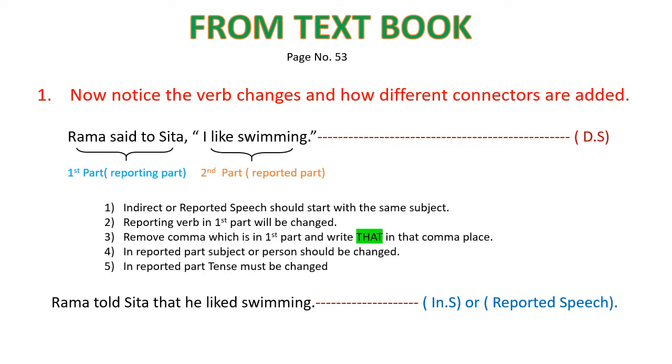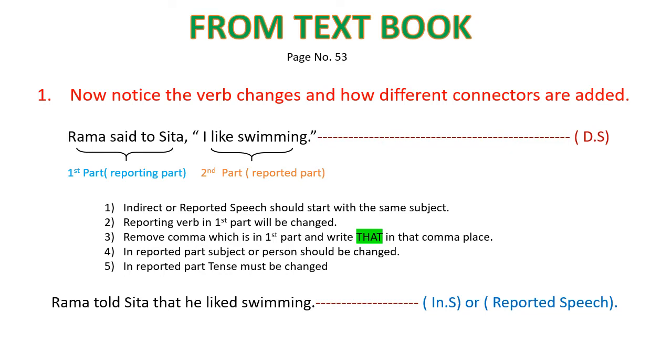Third, remove the comma in the first part and write "that" in that comma's place. Fourth, in the reported part, the subject or person should be changed. Observe the second part: I like swimming. Here, I is the subject.